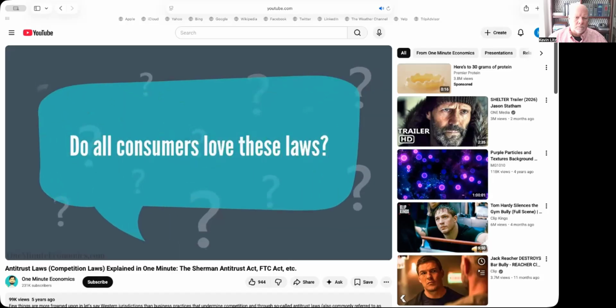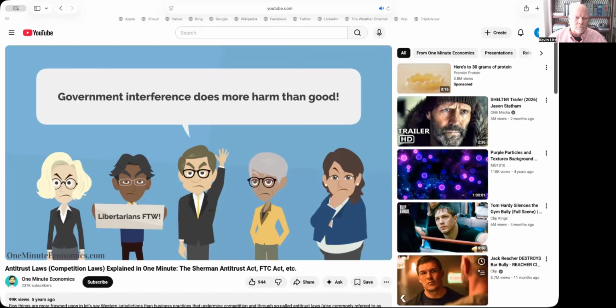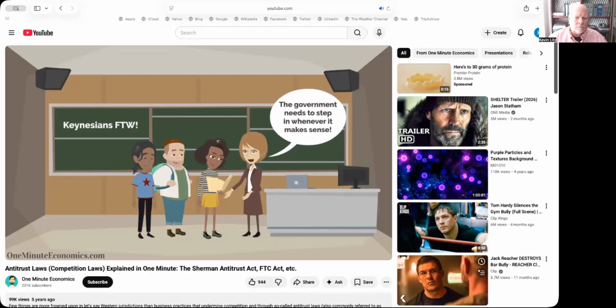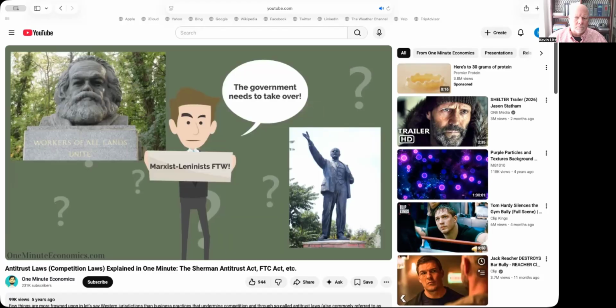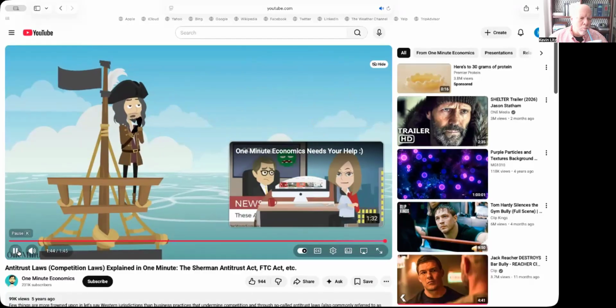Do all consumers love these laws? No. Ask a libertarian and he will tell you that government interference does more harm than good. Ask a Keynesian and he'll tell you it's a great idea. Ask a Marxist-Leninist and he will suggest far more aggressive state involvement, and so on. If you're searching for consensus, yeah, good luck with that.